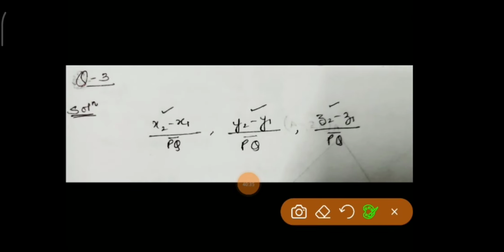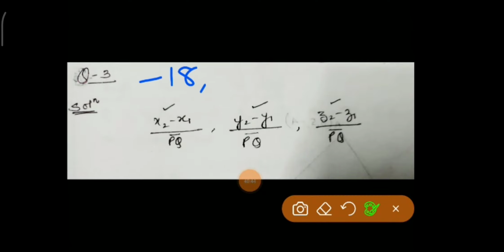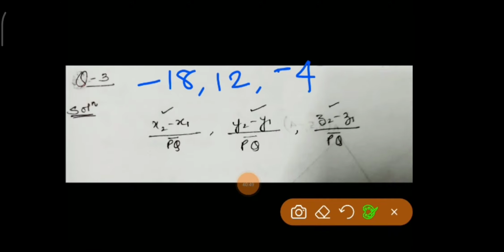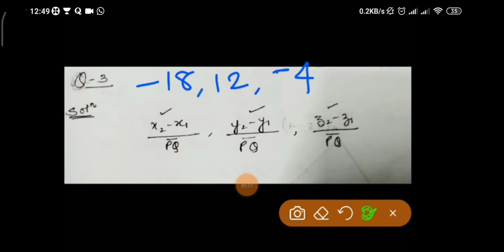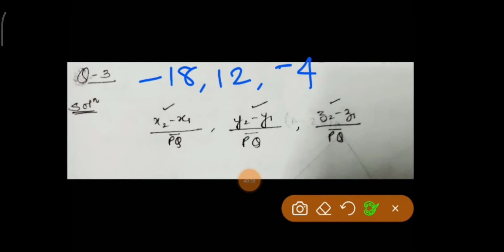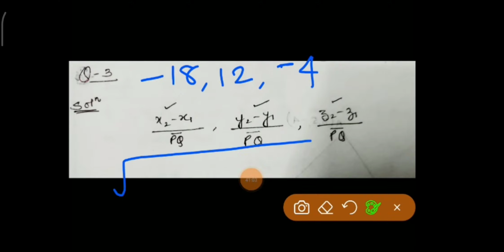Question number 3 says, if a line has direction ratios, so direction ratios are given to you as minus 18, 12 and minus 4. If the direction ratios are given to you, you don't have any problem, because to find PQ we have already seen that we did x2 minus x1 whole square plus y2 minus y1 whole square plus z2 minus z1 whole square.